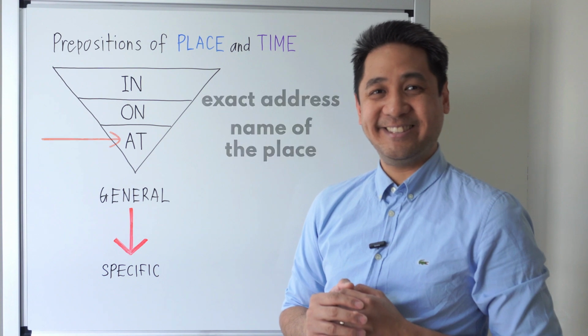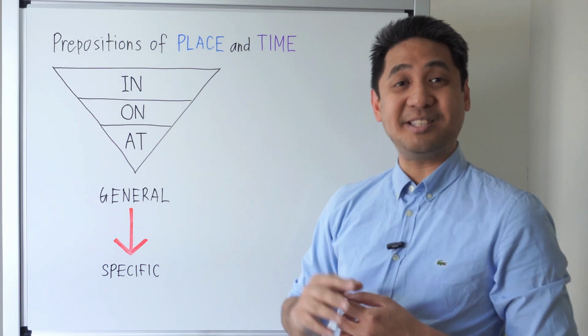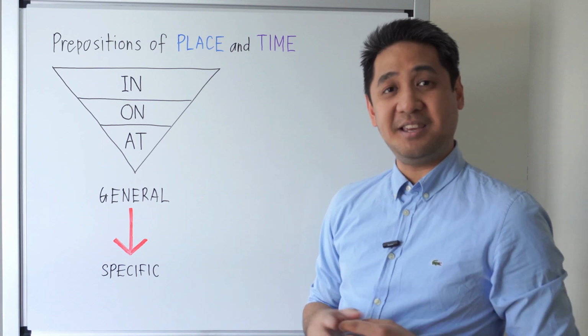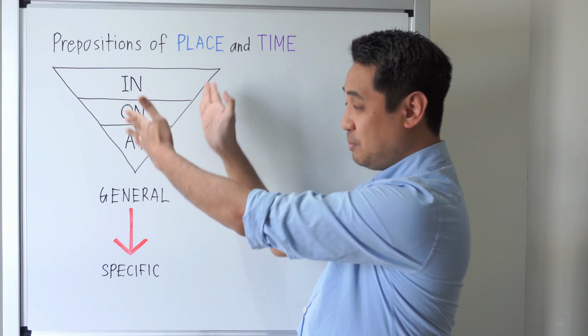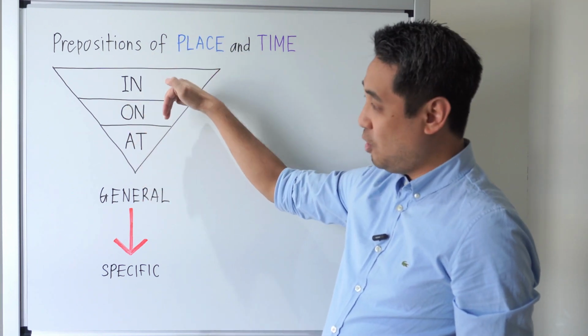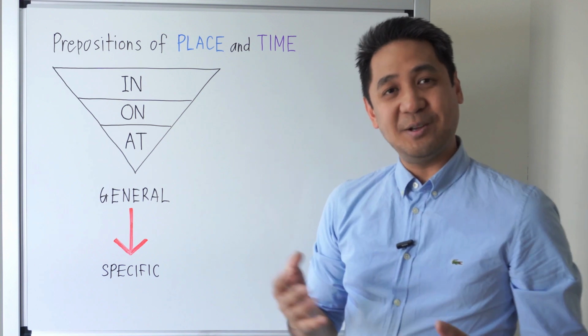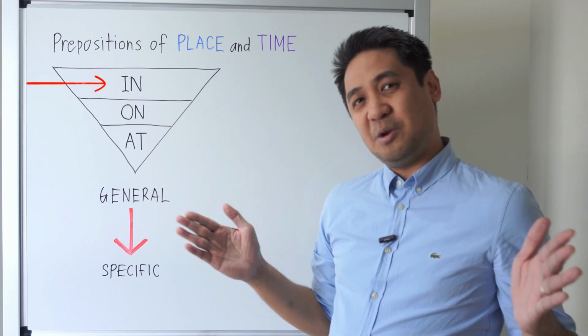Simple, isn't it? Now, let's look at prepositions when you talk about time. It's the same idea. When you're looking at something general, you use in. The more specific you get, then you move downwards from in to on to at. Here are some examples. For in, you normally use this with longer periods of time.